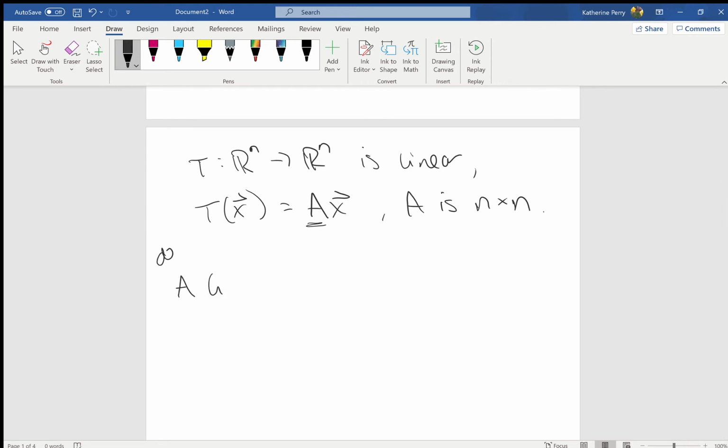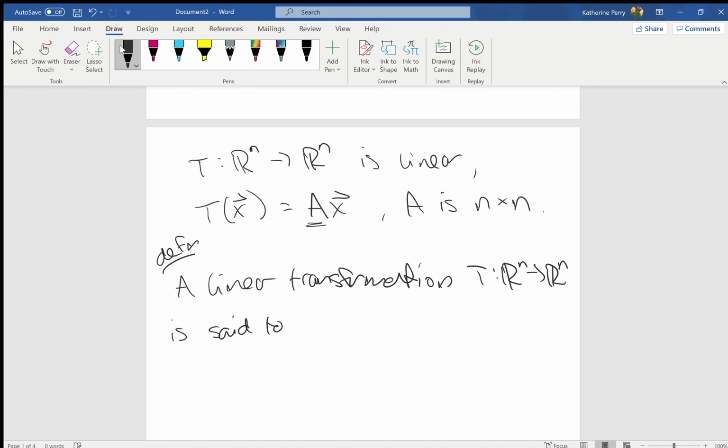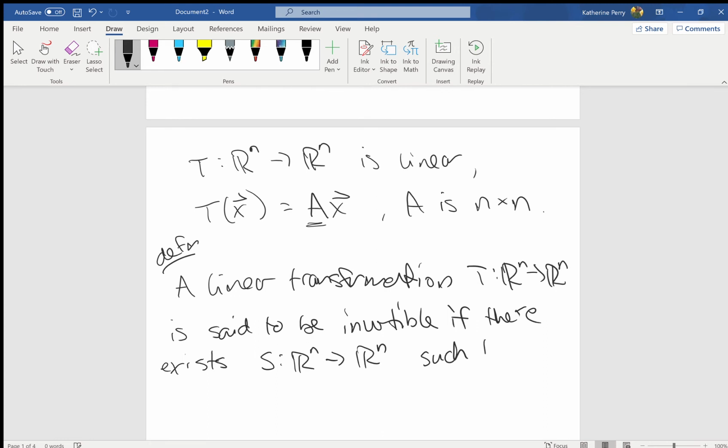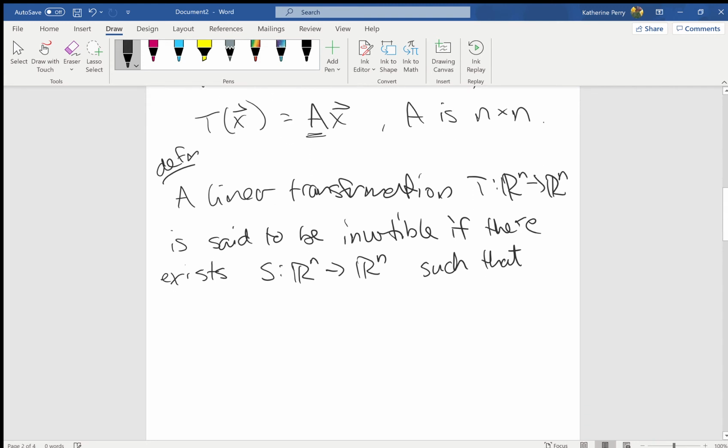So I'll say a definition: a linear transformation T from Rn to Rn is said to be invertible if there exists a transformation S also from Rn to Rn such that for all x in Rn, S of T of x is equal to x.